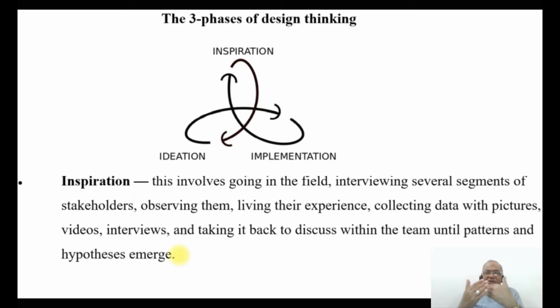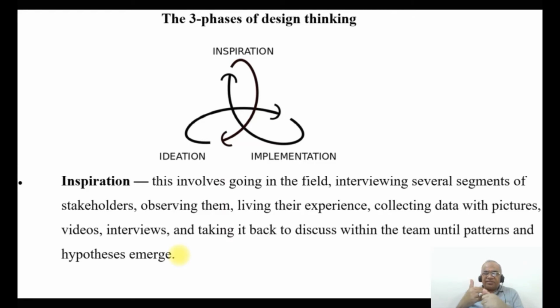Once we have all this information from data collection, we sit as a team in the organization and discuss all the patterns we have got from the feedback, and after considering all the information, the hypothesis will emerge.